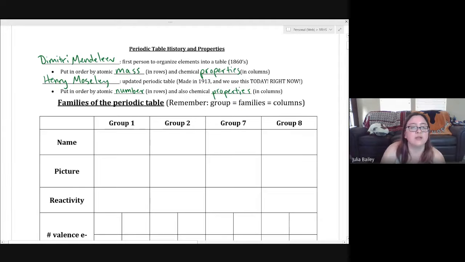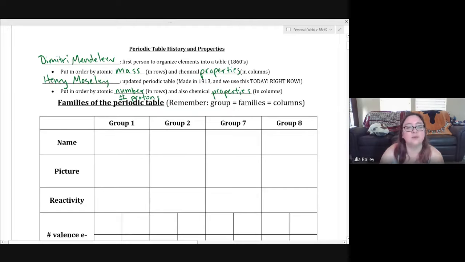The only difference between Moseley's periodic table and our modern one is that our modern one has more elements on it. And then the masses on the periodic table are more accurate now than they were in 1913. But otherwise, it's the same. And notice that atomic number would be by the number of protons.